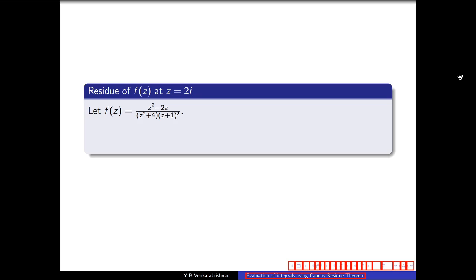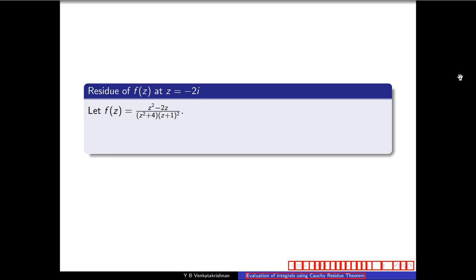Now z is equal to 2i is a simple pole, and the formula to calculate the residue of the simple pole is limit z tending to a of (z minus a) into f of z. So z squared plus 4 is rewritten as (z plus 2i) into (z minus 2i). f of z is multiplied with z minus 2i, and we allow z tending to 2i. That turns out to be (7 plus i) divided by 25.